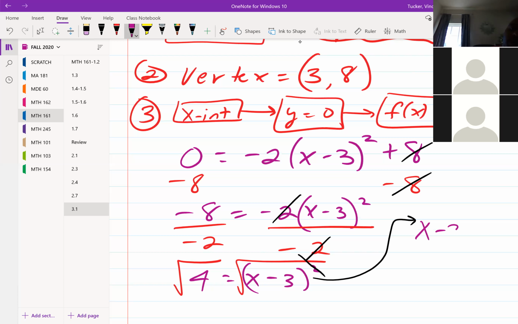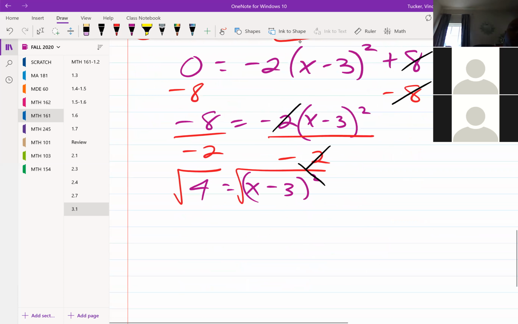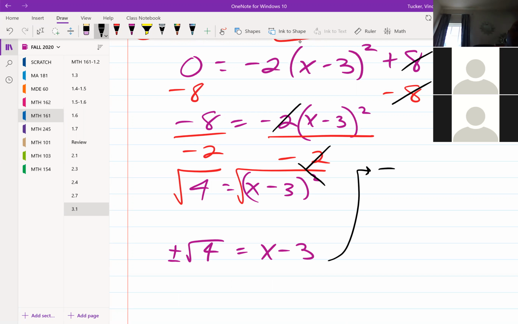That'll be x minus 3. So that's plus or minus square root of 4 equal to x minus 3. So that's plus or minus 2 equal to x minus 3.